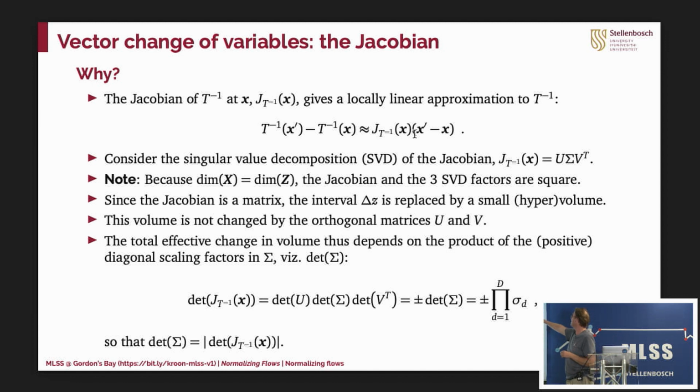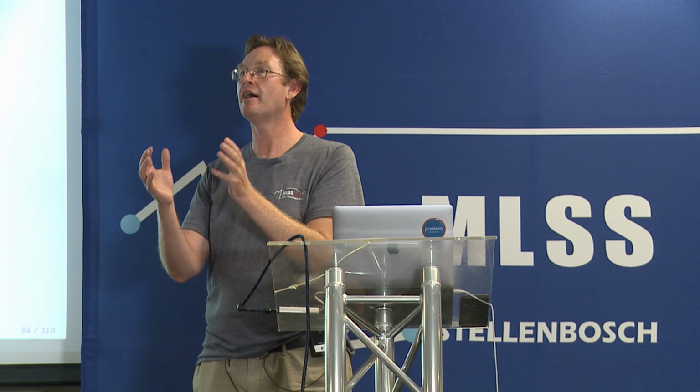So it's saying that very roughly, if you have this function t inverse and you take its Jacobian, then your function looks a lot like a linear function around that point x. Okay, it looks a lot like a linear function, and the matrix representing that linear function is the Jacobian.